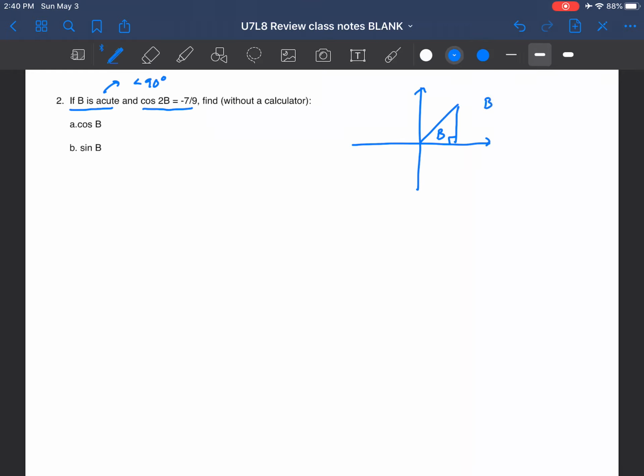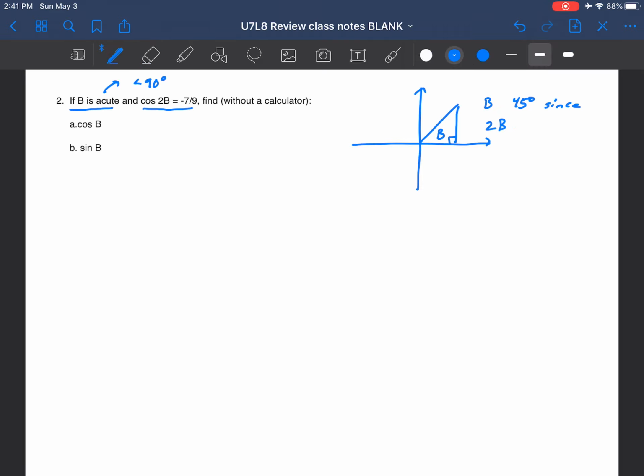B is less than 45 degrees since 2b is less than, well, I completely messed that up.